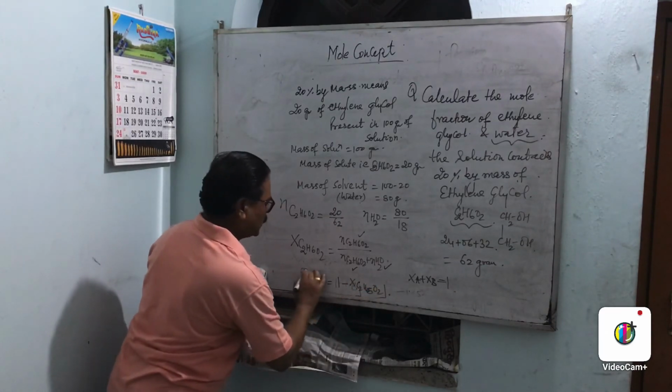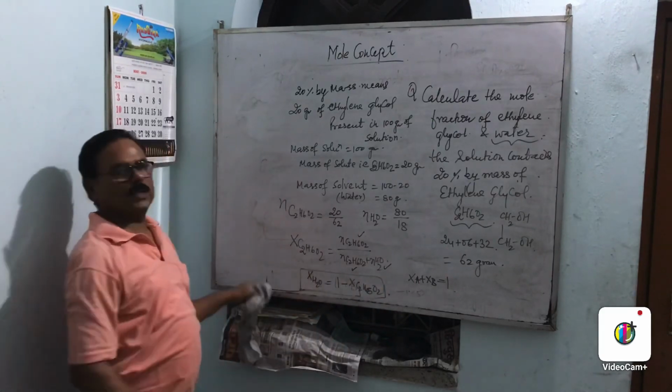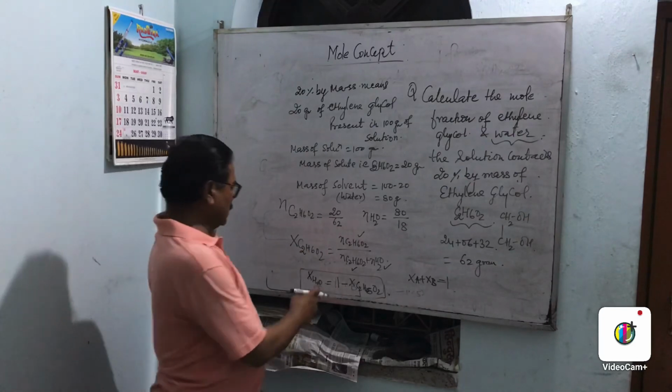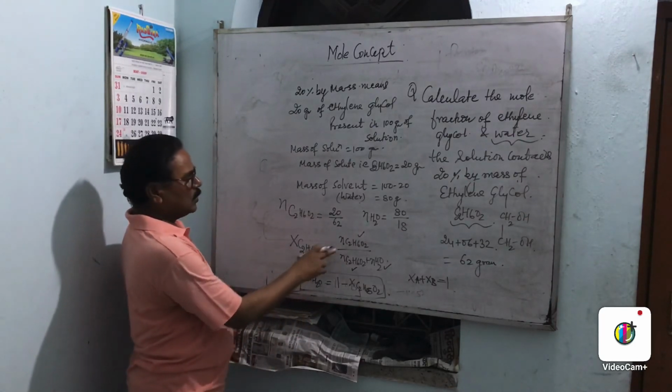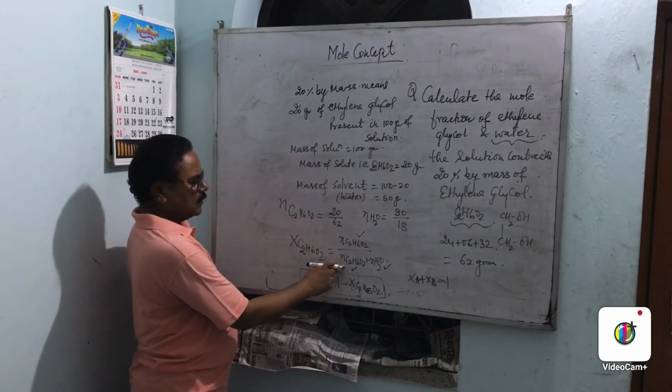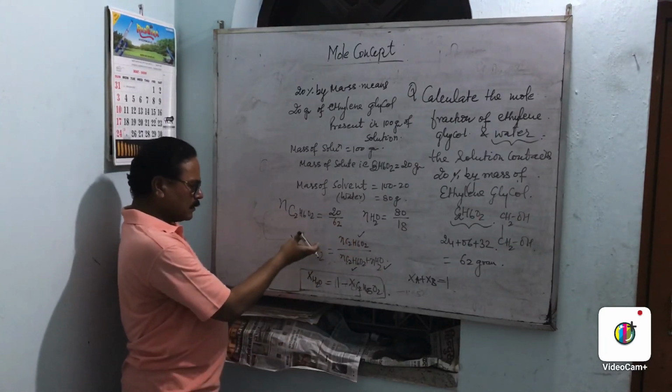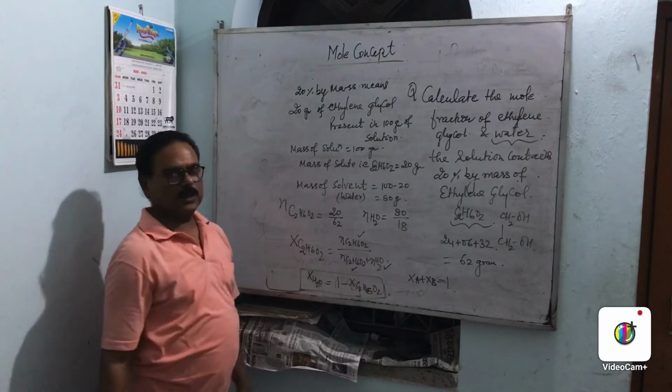By putting that, we are able to calculate the mole fraction of the other component. Or simply by the formula, X of H2O is n of H2O divided by n of C2H6O2 plus n of H2O. By either method you can calculate it.